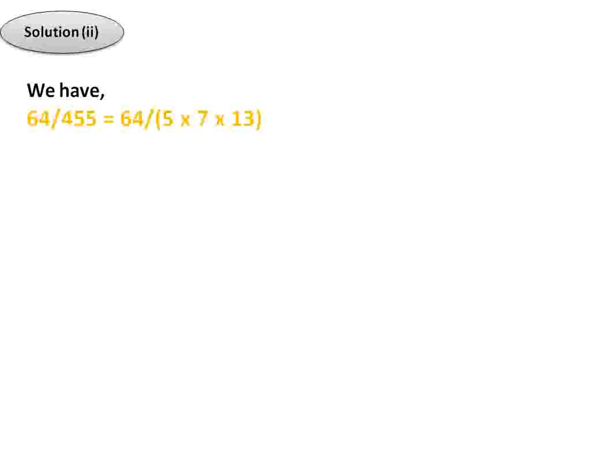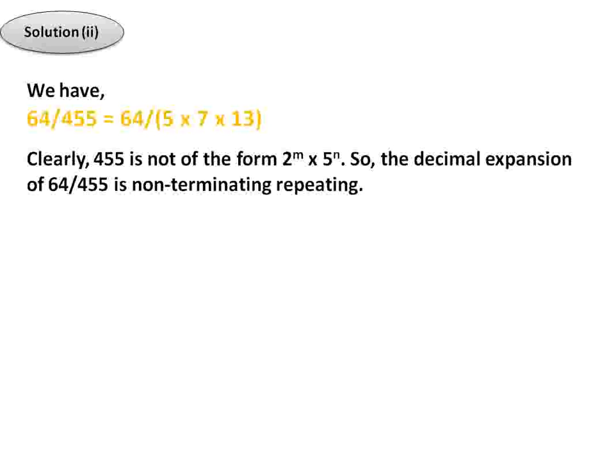We have 64 divided by 455, which is equal to 64 divided by 5 into 7 into 13. The prime factorization of 455 is 5 into 7 into 13. Clearly, the denominator 455 is not of the form 2 to the power of m into 5 to the power of n. Therefore, the decimal expansion of 64 by 455 is non-terminating, repeating.